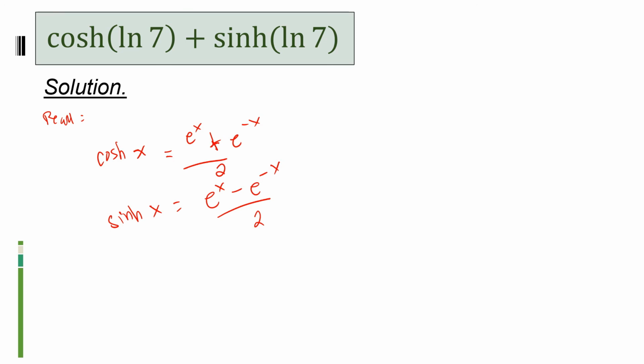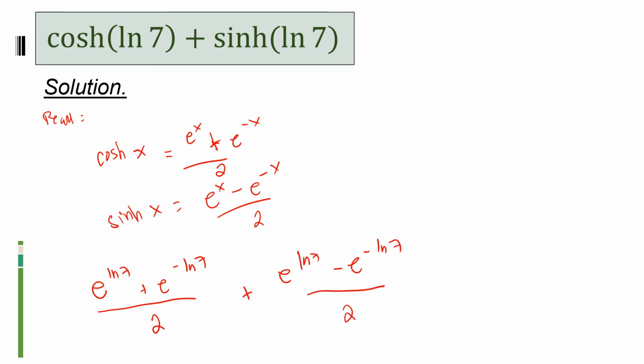Therefore, hyperbolic cosine of ln7 is equal to e raised to ln7 plus e raised to negative ln7 all over 2, plus the hyperbolic sine of ln7, which is e raised to ln7 minus e raised to negative ln7 over 2.